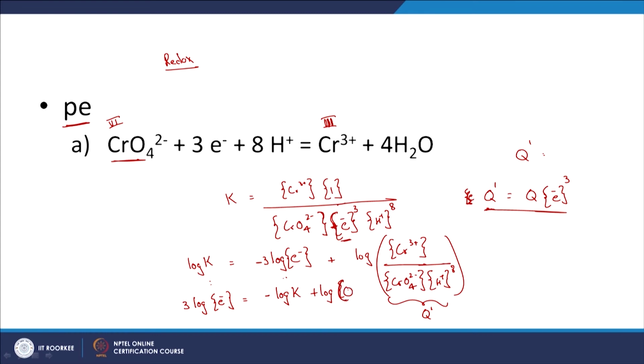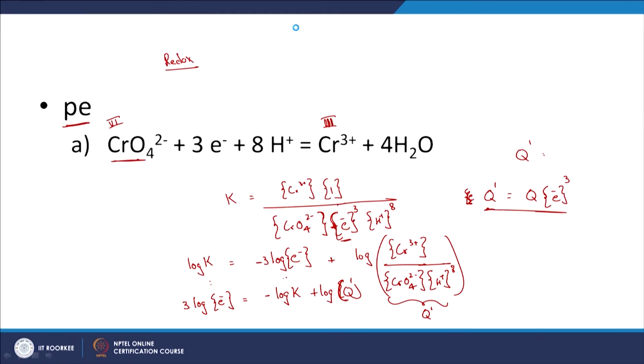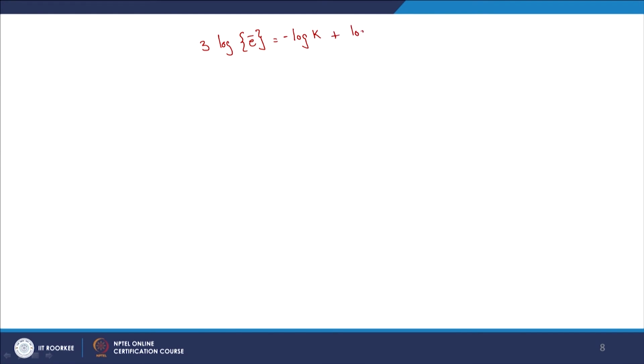Let me write this down here. So I have 3 log activity of the electron is equal to minus log K plus log Q dash.